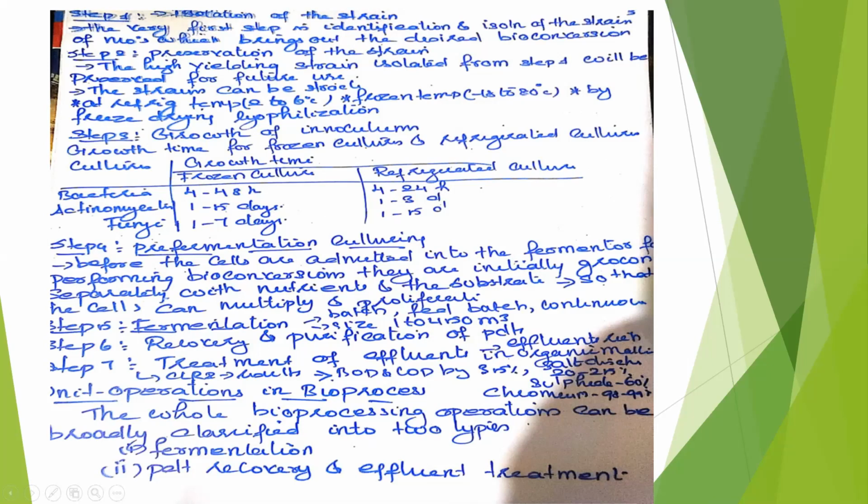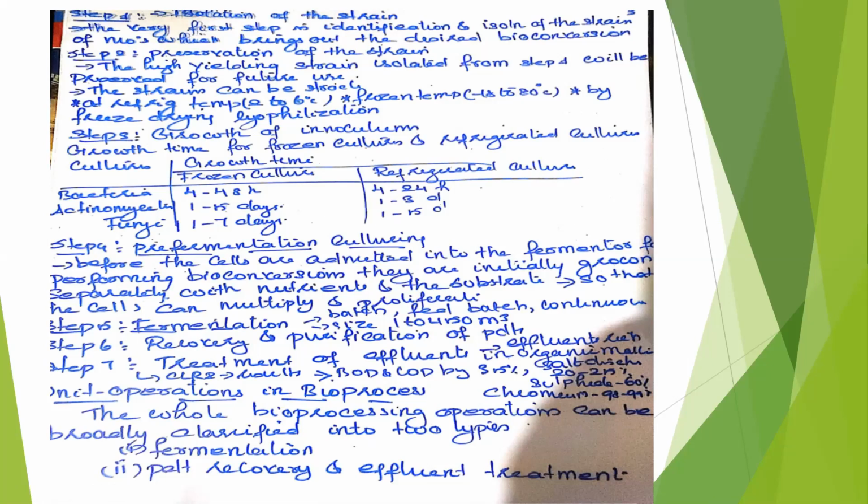As I told, before the cells are admitted into the fermenter for performing bioconversion, they are initially grown separately with nutrients and substrate so that the cells can multiply and proliferate inside the fermenter. Step 5 is fermentation, which is aerobic or anaerobic, and further classified into batch and fed batch.